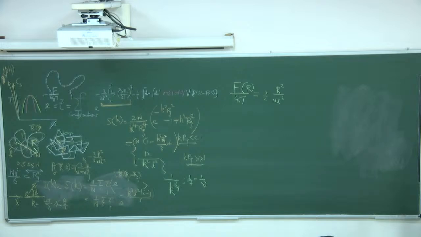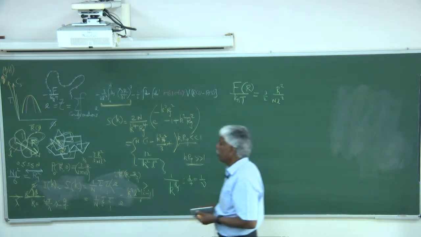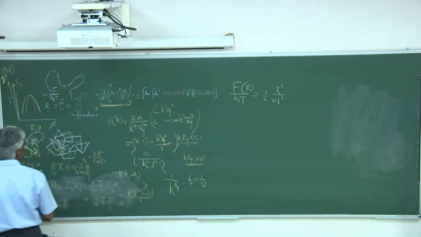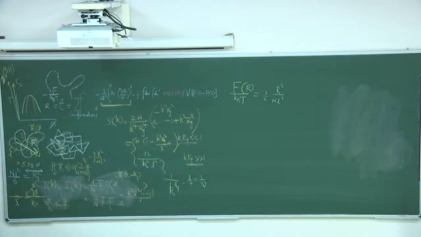And I give you a homework assignment. Please go and look at the book by Hiromi Yamakawa. This book has an answer to your question. It was written in 1972, and the title is Modern Theory of Polymer Solutions. In those days, that was modern theory, right?